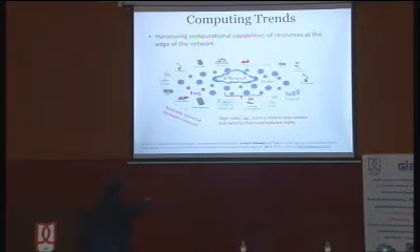Now, the problem with these devices is that they are energy hungry. They don't have enough energy. They can die quickly. Their processing capacity is very small. They can't process a lot. So what do we do?